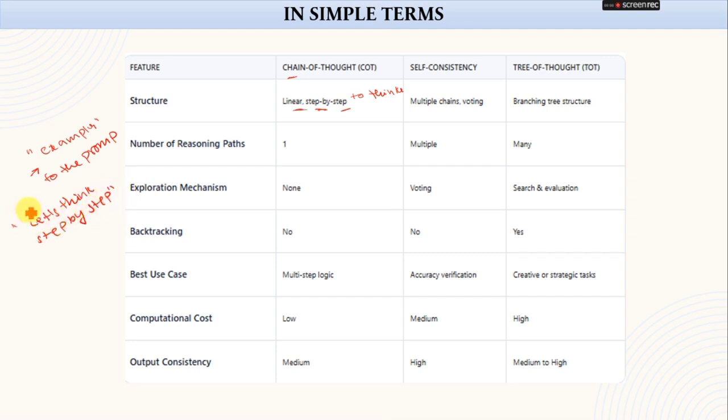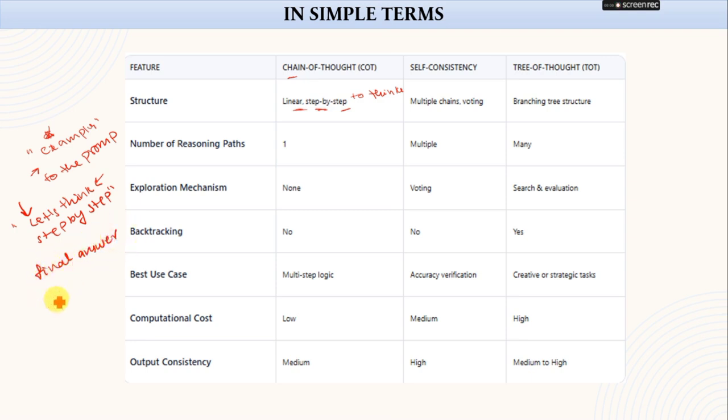In our previous hands-on demo video, you saw that we prompted, let's think step by step. In that video, I didn't give any examples, but rather than directly jumping to the solution, I asked the AI model, let's think step by step. The model gave a step by step solution, and finally it gave an answer.